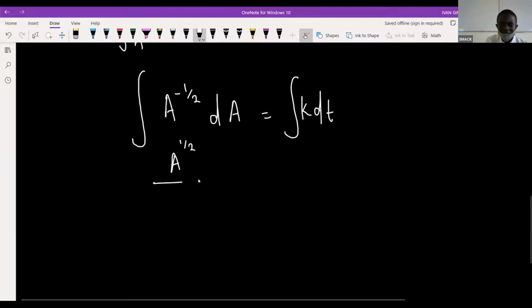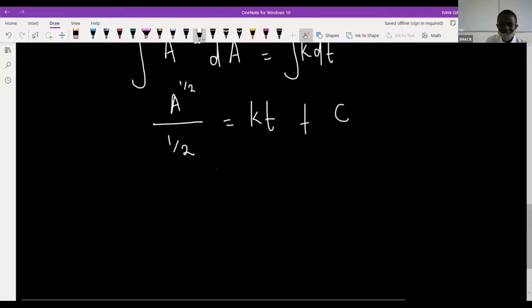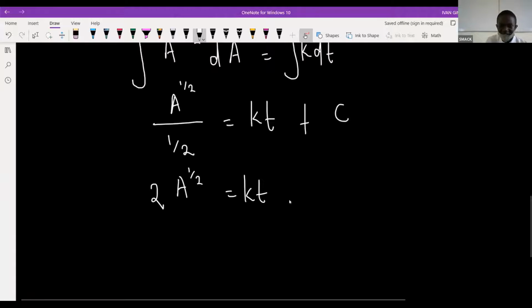So out of our new power, a half, is equal to kt plus our constant c. And so our final equation will become 2A to the power a half is equal to kt plus c. So this is our general solution to the equation.